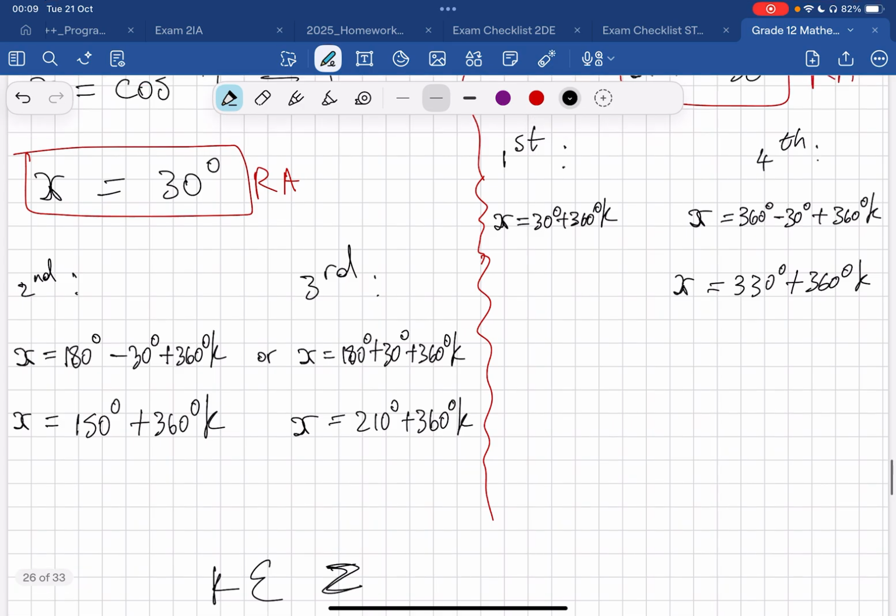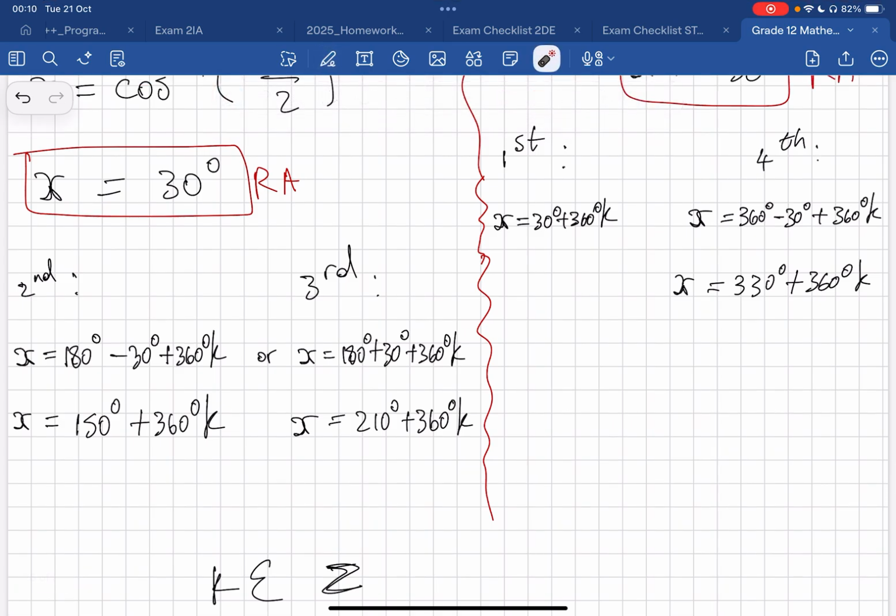Now, why am I doing this? 180 degrees minus 30, 180 degrees plus 30, 30 degrees, 360 degrees minus 30. That's just based on your CAST diagram. That's how we define the CAST diagram. In the first quadrant, we have theta. Second quadrant, we have 180 minus theta. Third quadrant, we have 180 plus theta. Fourth quadrant, we have 360 minus theta.